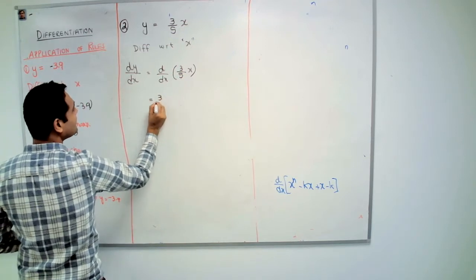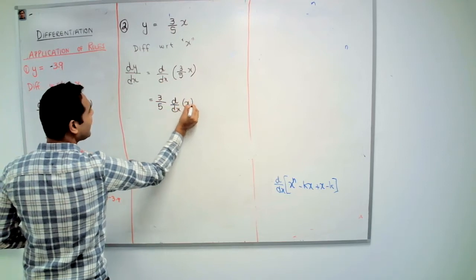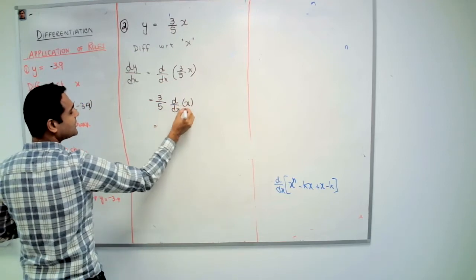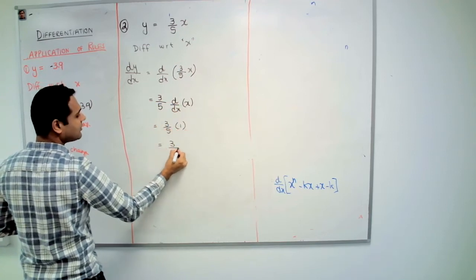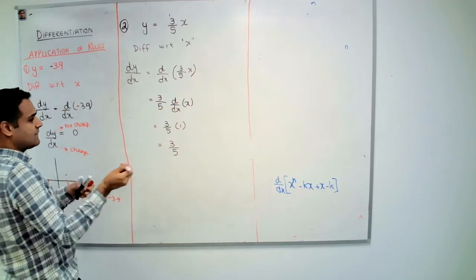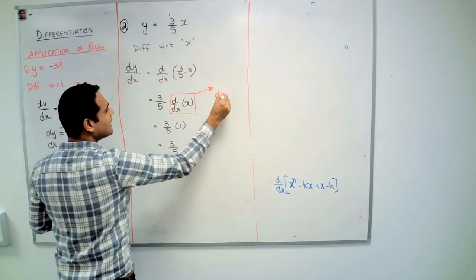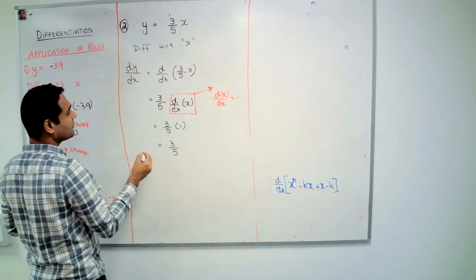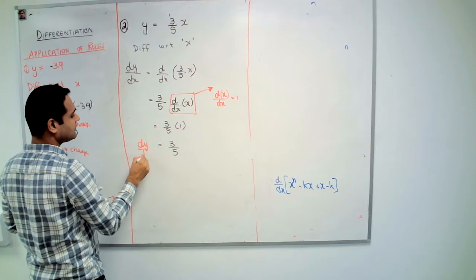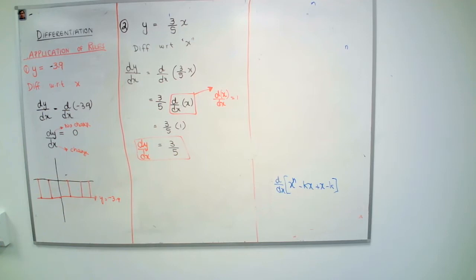So 3 over 5 comes out, and you only need to differentiate the x. Now this one we already know, according to one of our rules, that dx over dx is 1. So 3 over 5 times 1 is 3 over 5. So you just need to put the constant as the answer, and the other thing you can delete straight away.